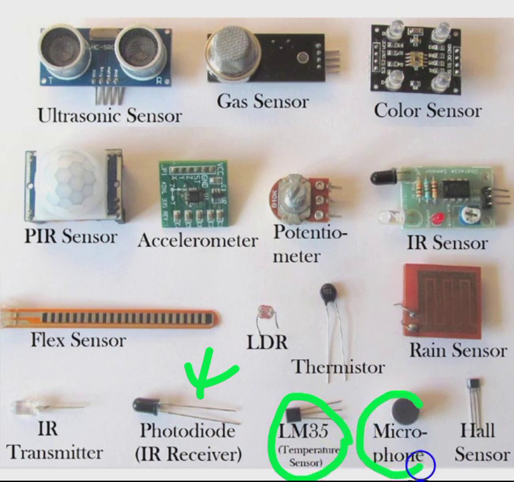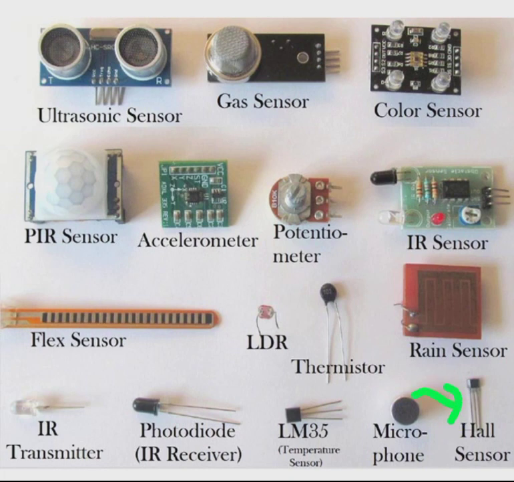Then you have this microphone which works on the principle of acoustics. Then there is a magnetic sensor called the Hall sensor. The Hall sensor is used to detect the changes in its surrounding magnetic field and generates a proportional output. Microphone is used to detect the sound waves.